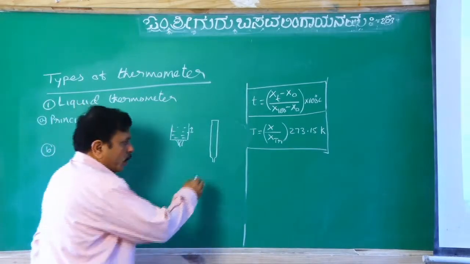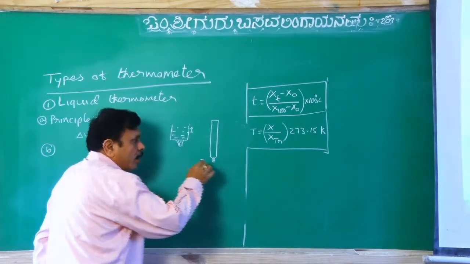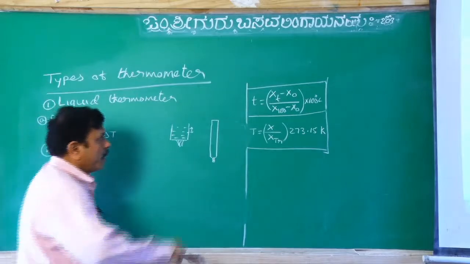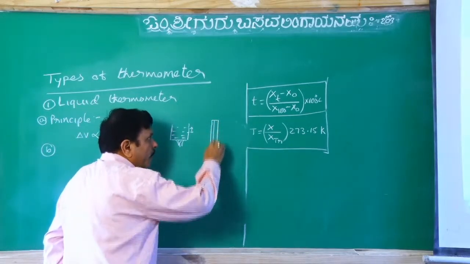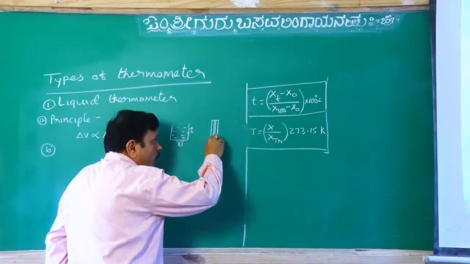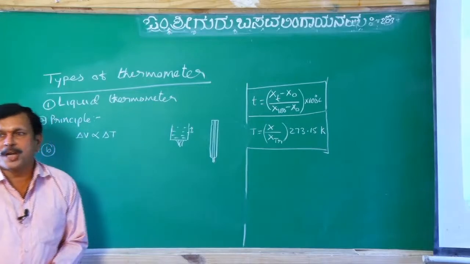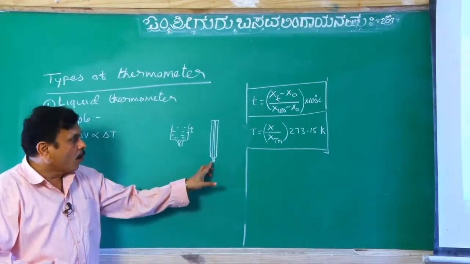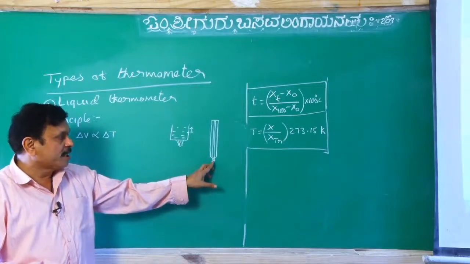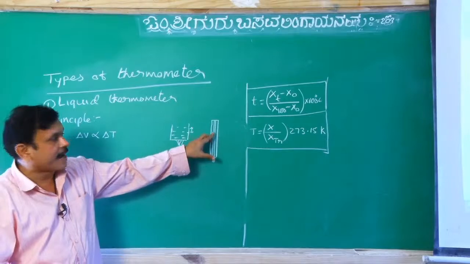In this thermometer, on the lower side mercury will be present, and there will be a thin region, a pipe type of hollow region. When we heat it, the volume of this liquid, that is mercury, expands and its level rises.